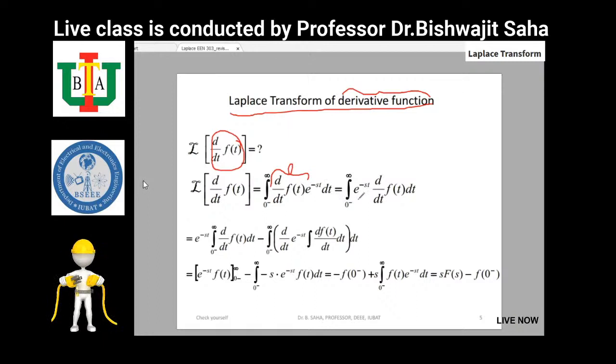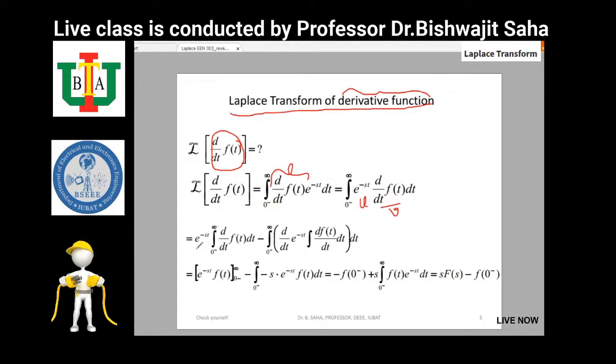Yes, we have to apply the uv formula. The e to the power minus st we consider u, and d by dt f of t we consider v.